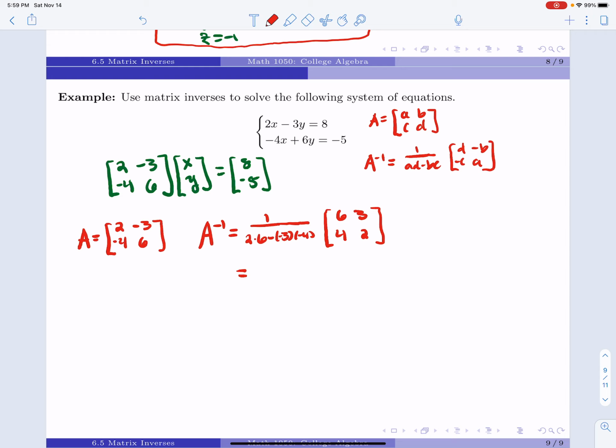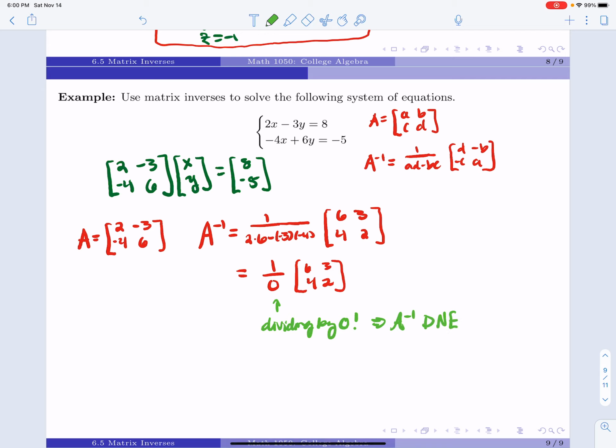Okay, and what happens? Well, here in our denominator, we get a 1 over 0, which means we're dividing by 0, which means that A inverse does not exist.